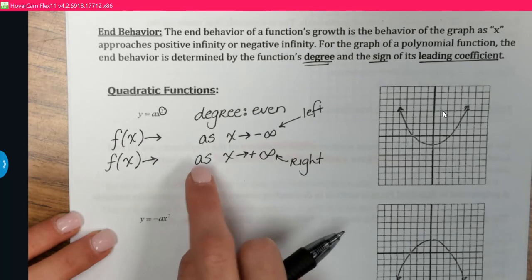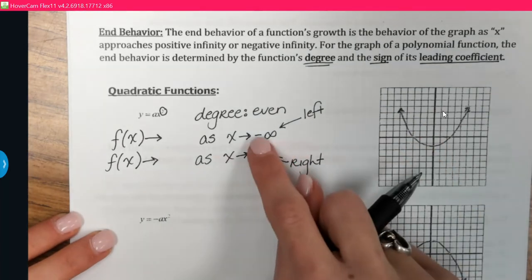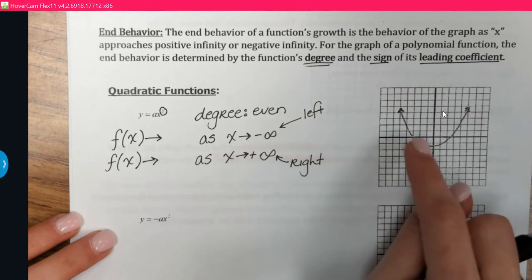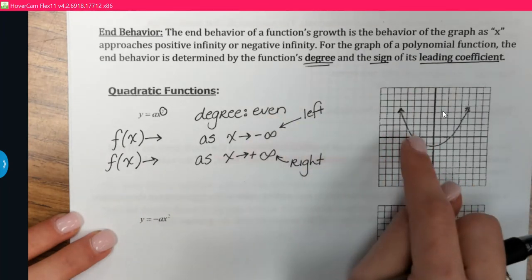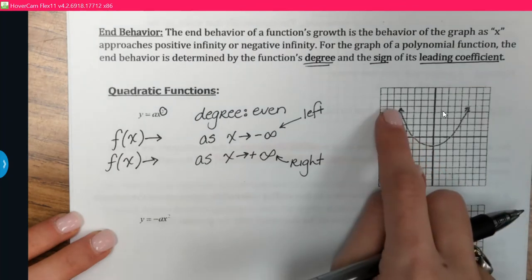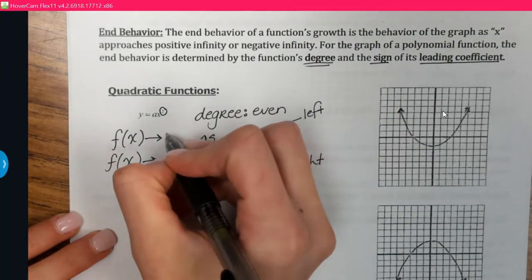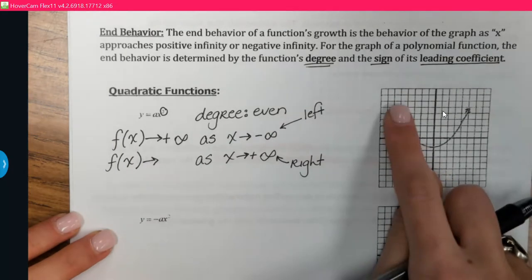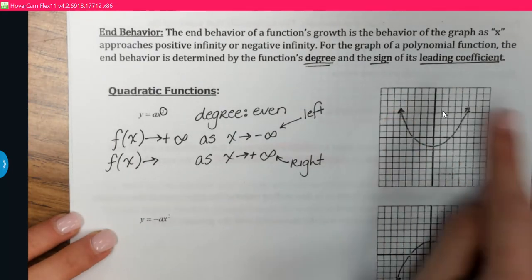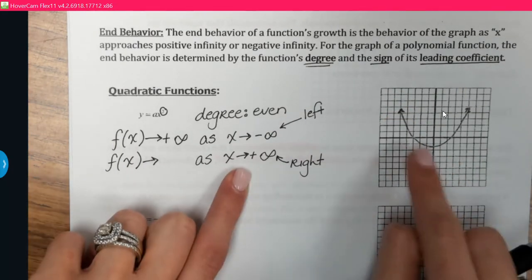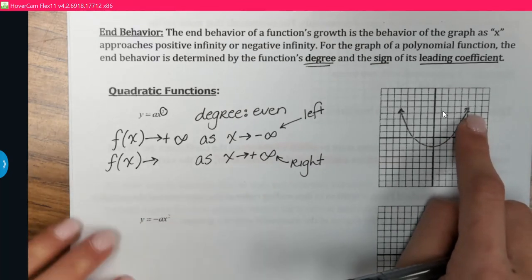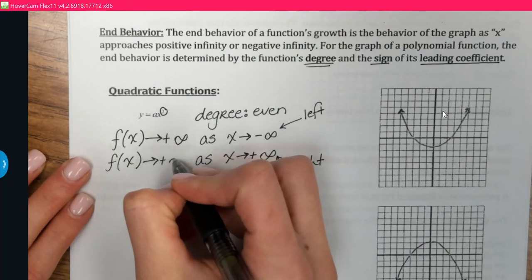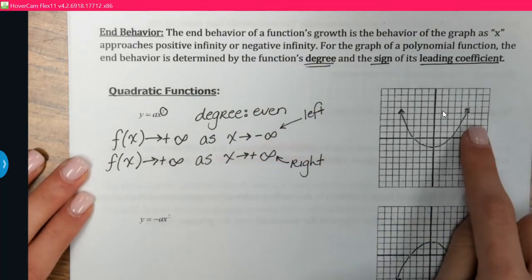I want to see what happens to my graph as x approaches negative infinity. As it goes to the left, for this quadratic function with a positive leading coefficient, it's going up, so it's going to positive infinity. Now, as I go to the right, my graph is also going up, so it's also going to positive infinity.